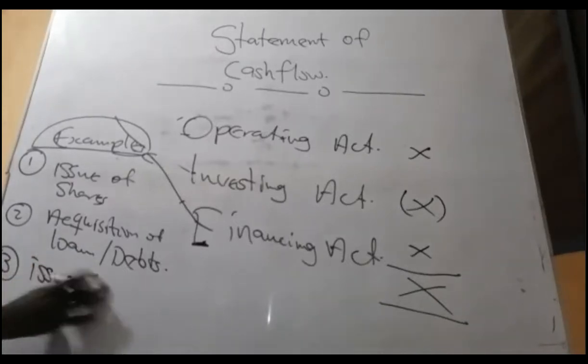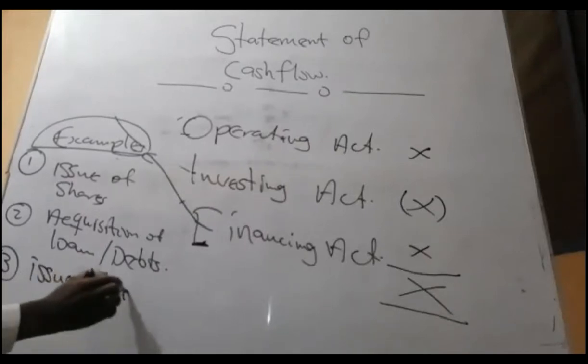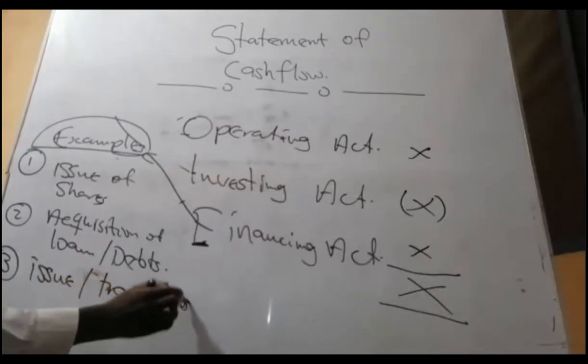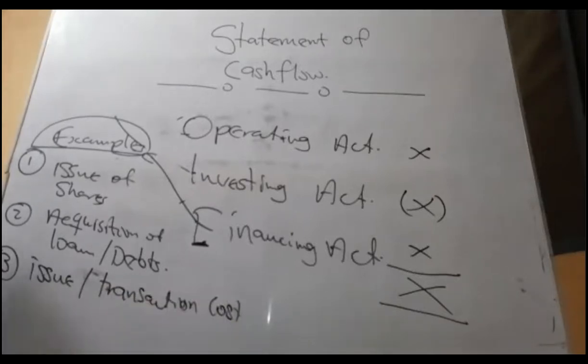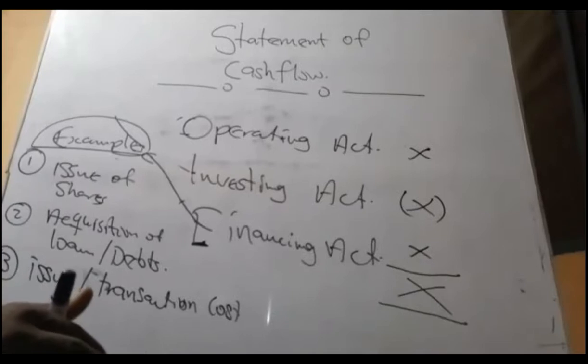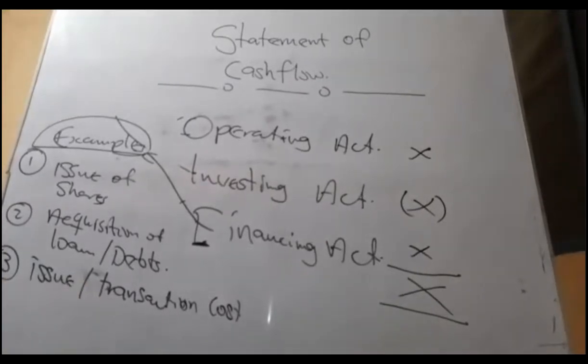For the shares you've issued, you pay a brokerage fee or listing fee. For the loan you took from the bank or facility, administrative charges or transaction cost on the facility must be part of the financing activity.